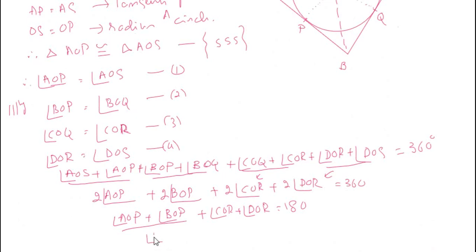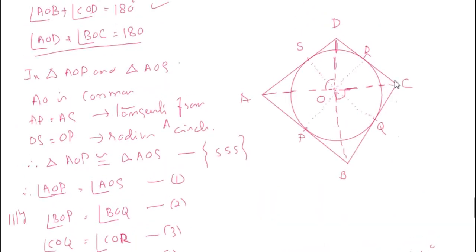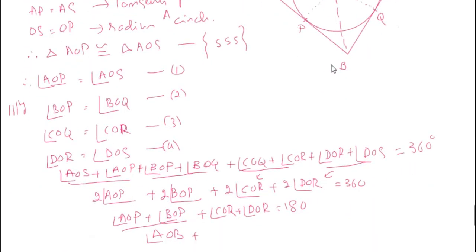That is angle AOB plus COR plus DOR. COR plus DOR is angle COD. That is equal to 180 degree.